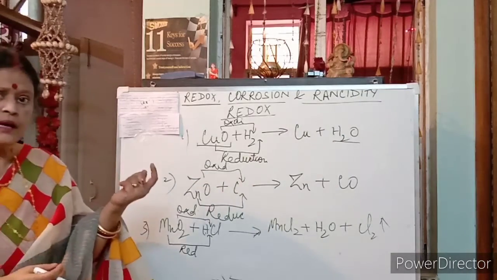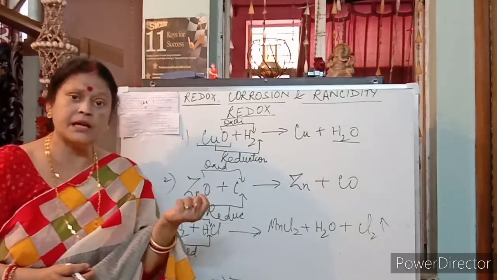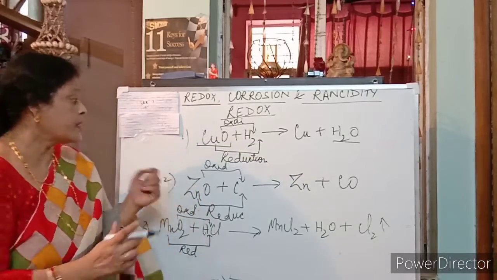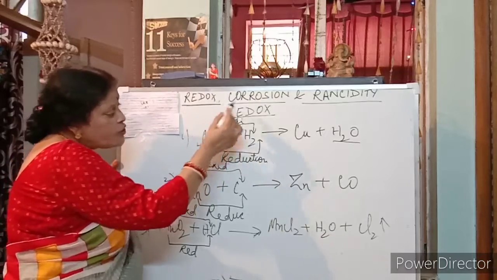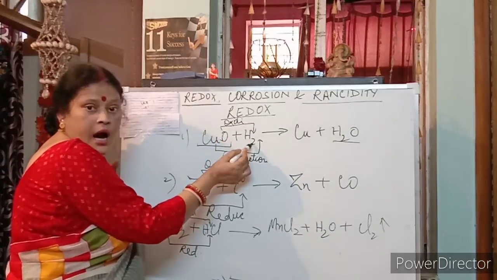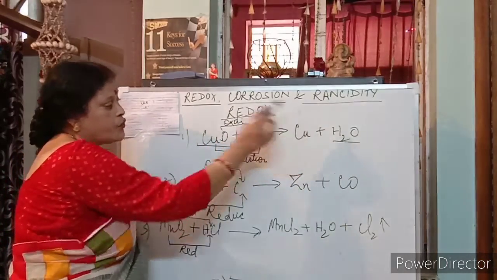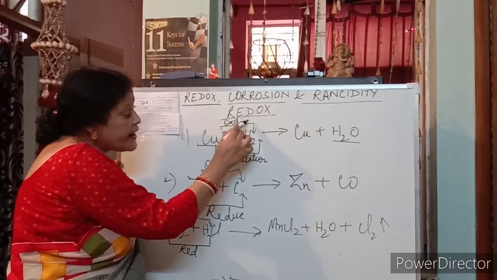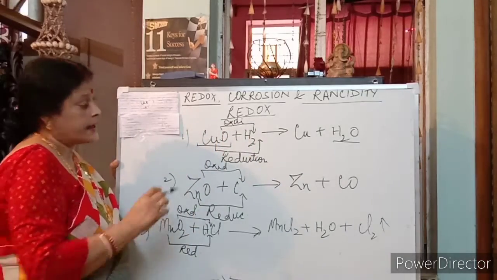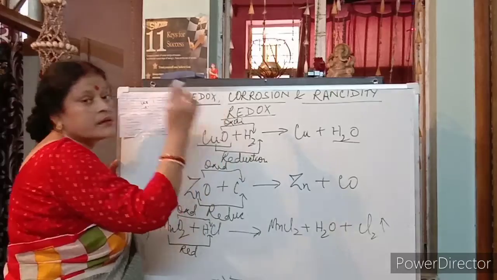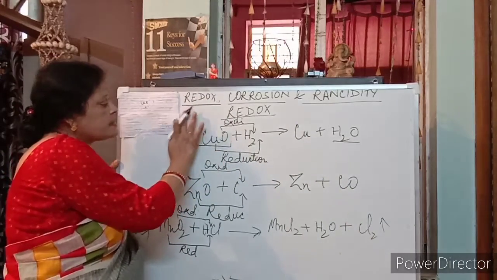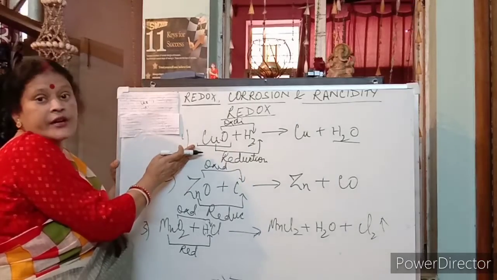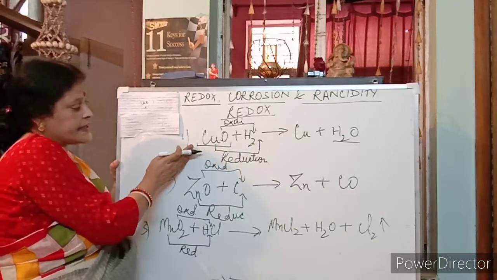Next, there is one step, I think not in our NCERT, but still you should know. Now here, copper oxide is providing oxygen to the hydrogen to form water. It is helping in the oxidation reaction, and itself it is getting reduced.